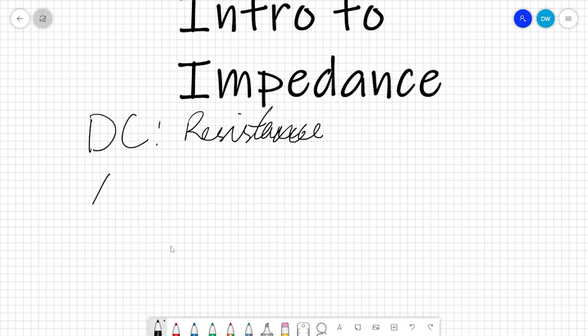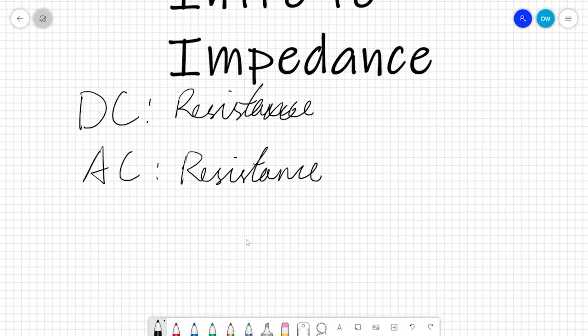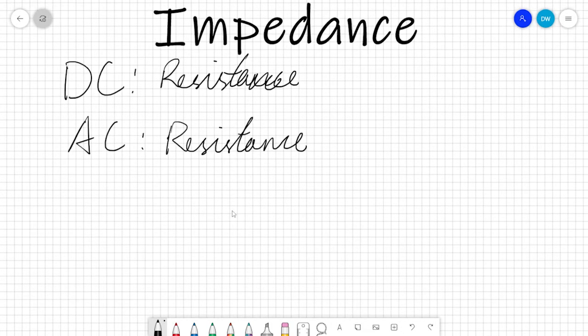In AC circuits, it's slightly more complicated because apart from the resistance offered by the components themselves inside the circuit, you also have a phenomenon called reactance.